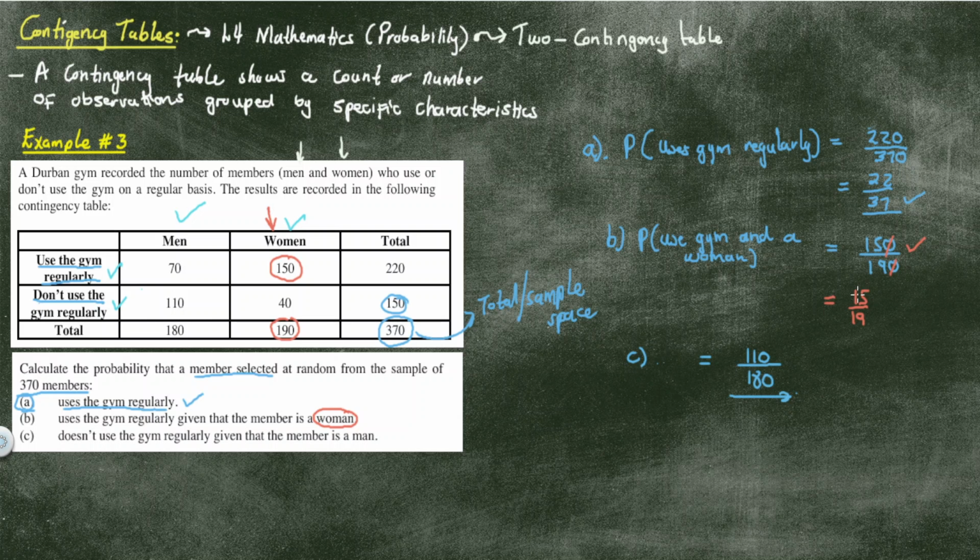So in a contingency table, probability questions will come like that.